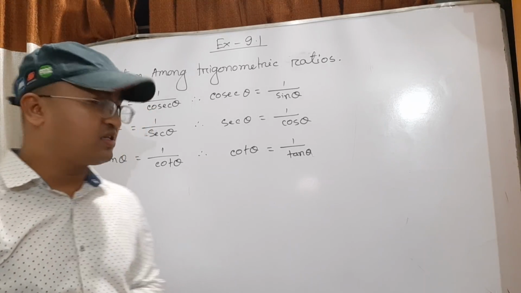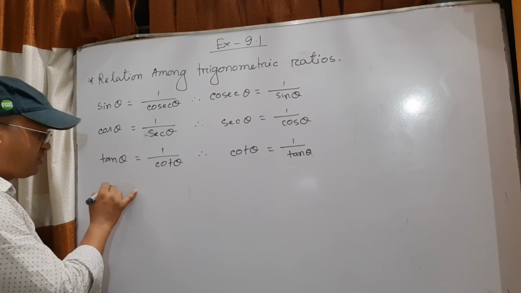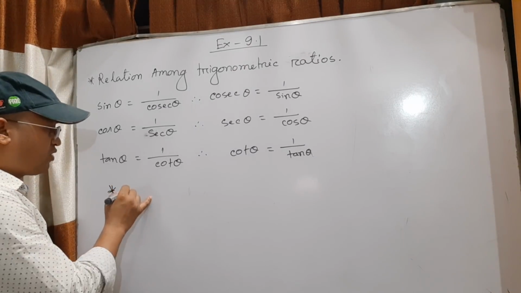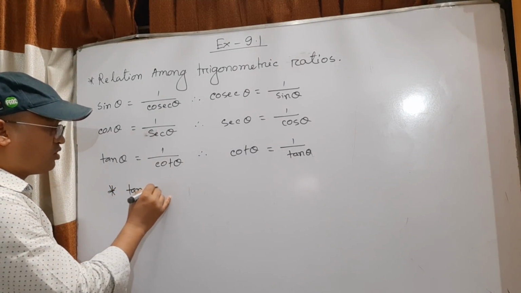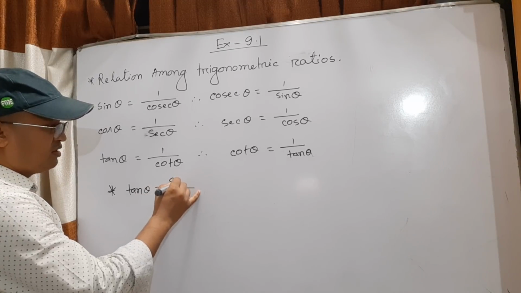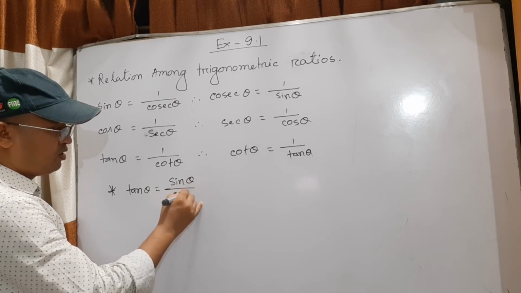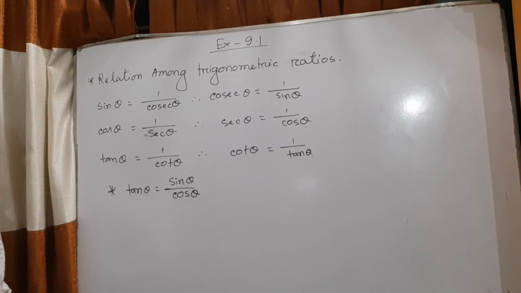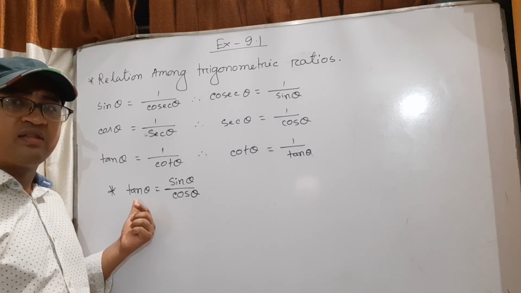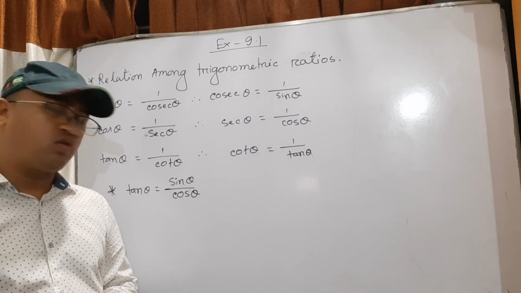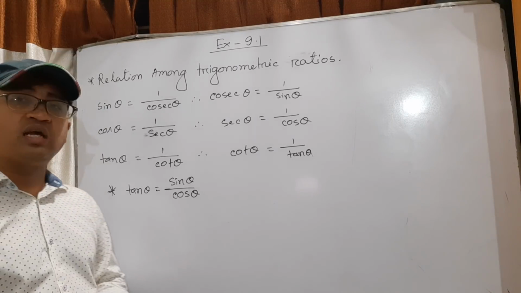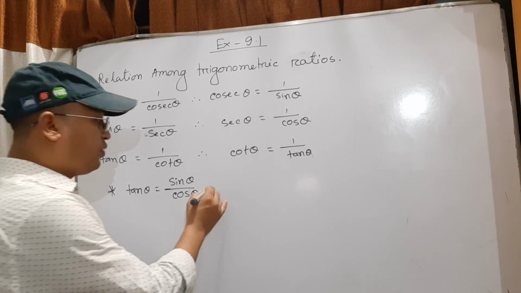There is another relation, that one is quite different. Tan theta is equal to sin theta by cos theta. If tan theta equals sin theta by cos theta, so what will be cot theta?